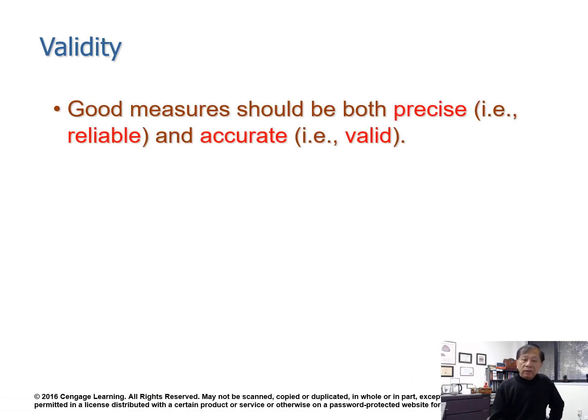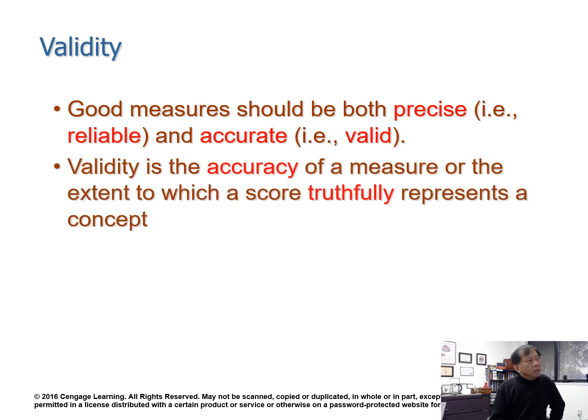Next, let's talk about validity, whether the measurement is valid. A good measure should be both precise and accurate. Precision is reliability, and accuracy is validity. Remember to differentiate between reliability and validity, precision and accuracy.